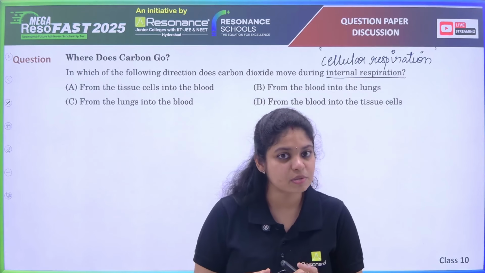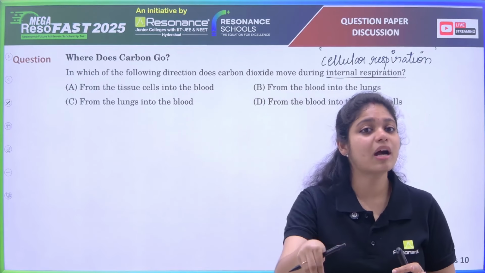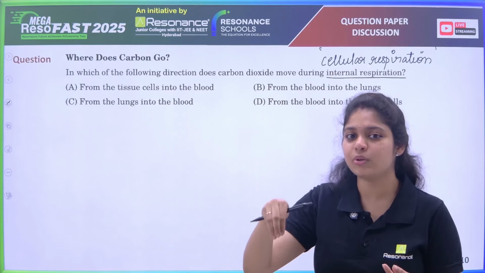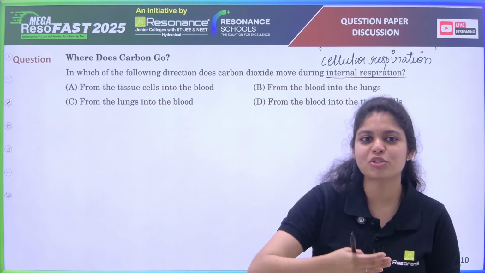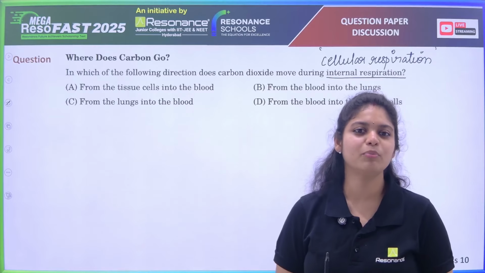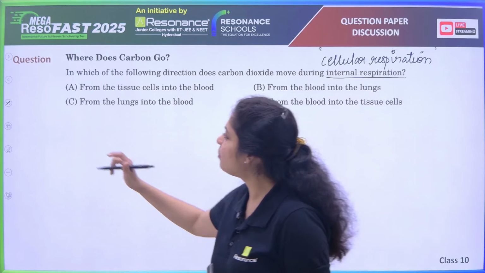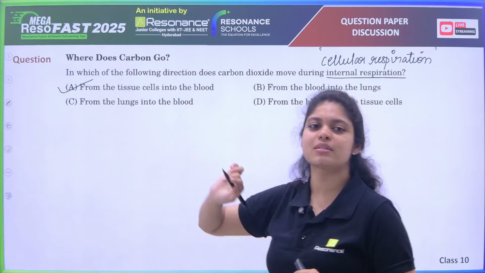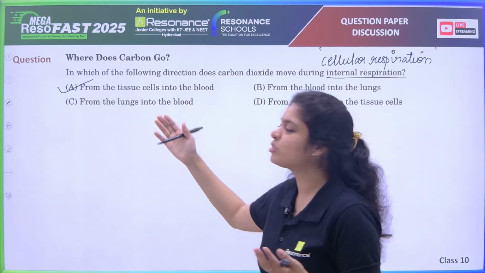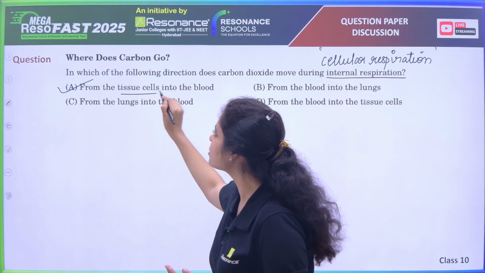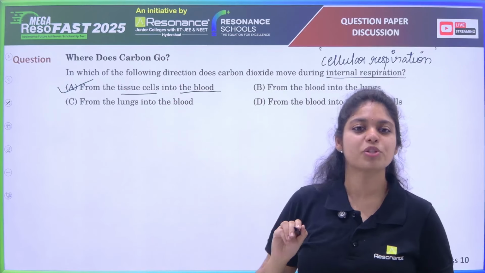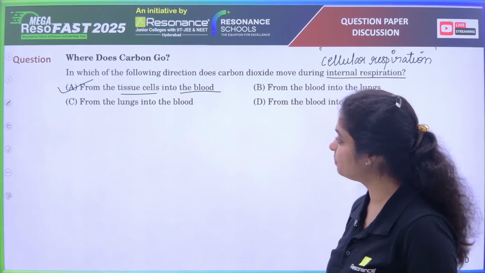Energy is utilized by the cell, whereas this carbon dioxide at the cellular level will move from the tissues into the blood. The very first option itself tells you that the movement of carbon dioxide is from tissues into the blood. So option A would be the correct option.